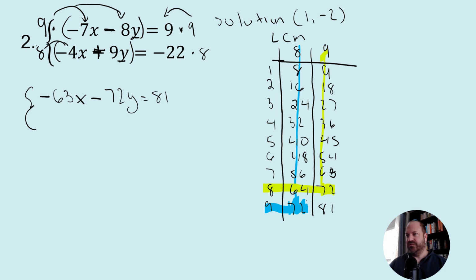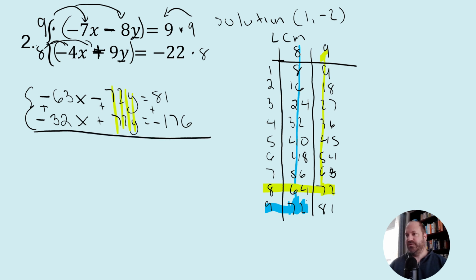And when we distribute the 8, we're going to get negative 32x plus 72y equals negative 176. So again, we notice that our y values have opposite coefficients of negative 72 and positive 72. So that makes our next step pretty easy. We could just add vertically.